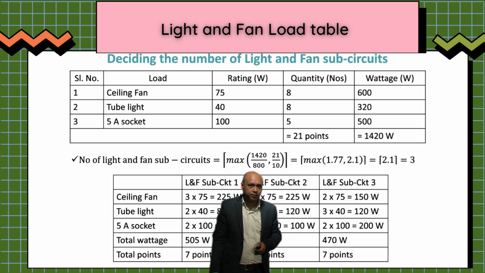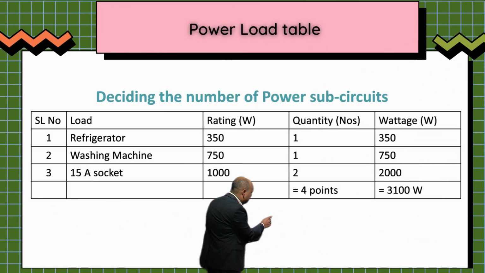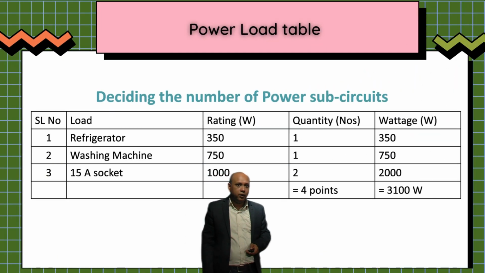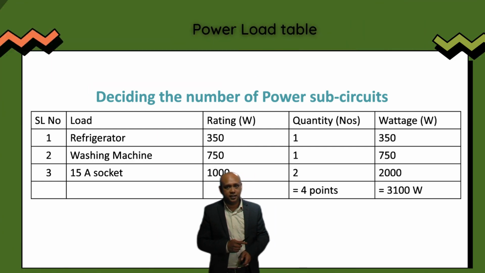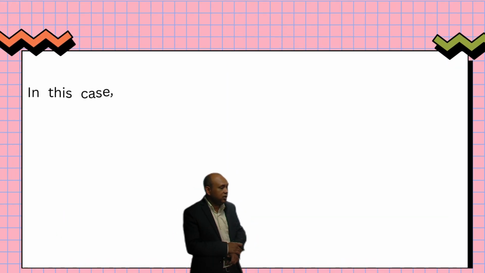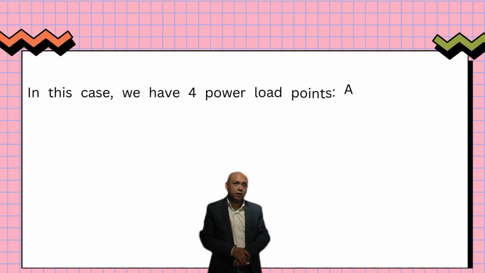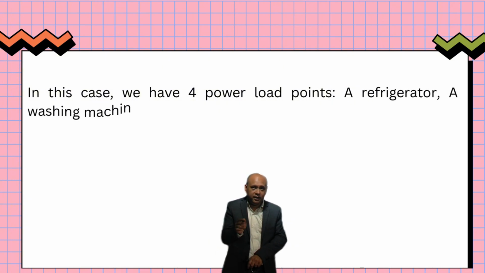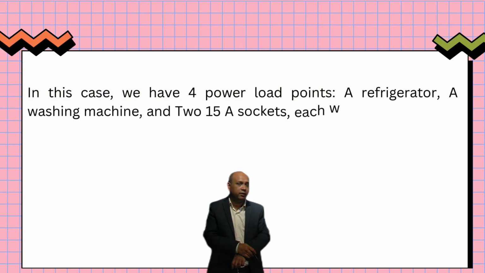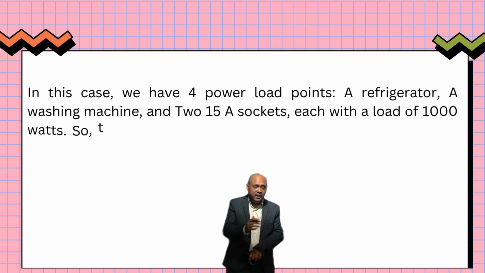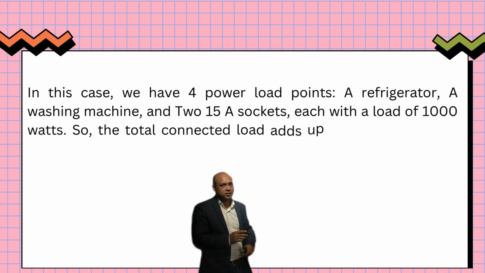Now, let's find the number of power subcircuits required for the given example. In this case, we have 4 power load points: a refrigerator, a washing machine, and 2 15-ampere sockets, each with a load of 1000 watts.